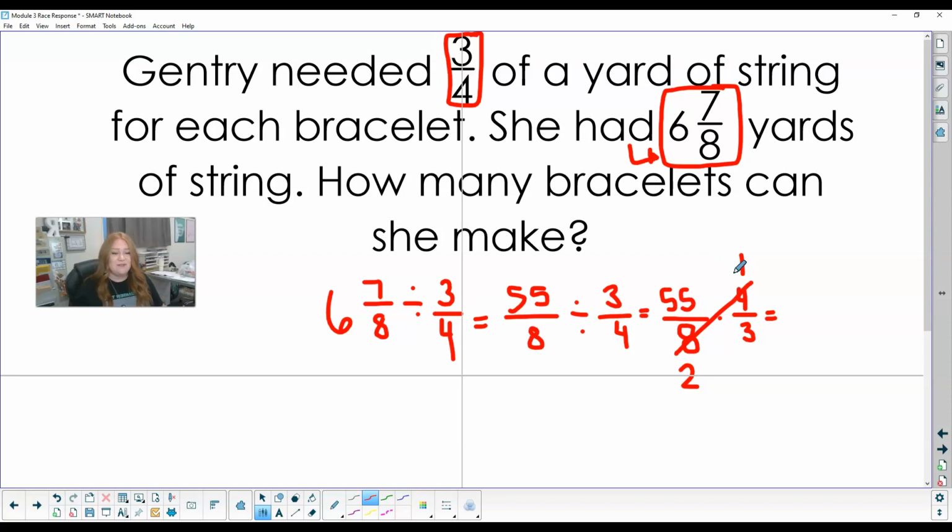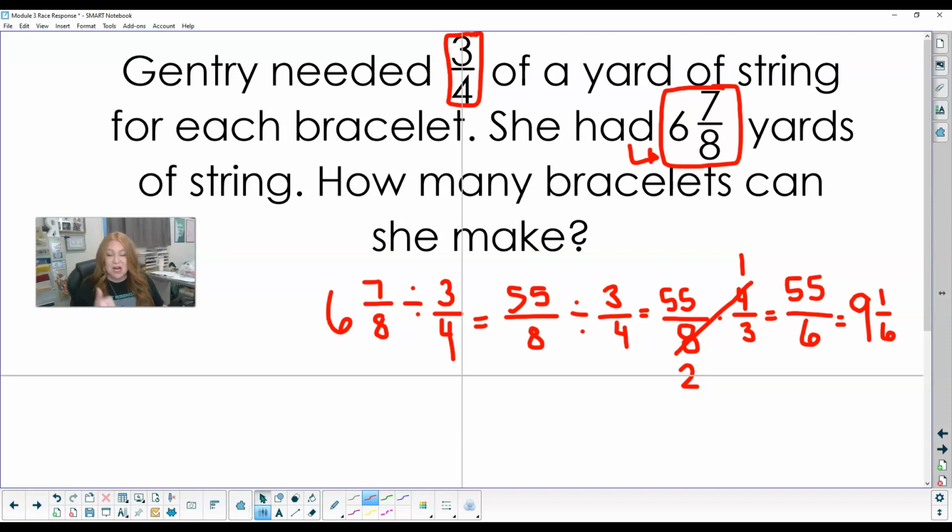So multiply. 55 times 1 is 55. 2 times 3 is 6. 6 goes into 55 9 times with 1/6 left over. So this is not using a RACE response. That's just the problem, okay?